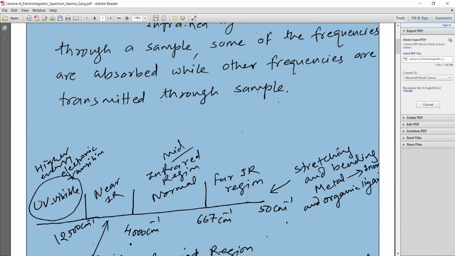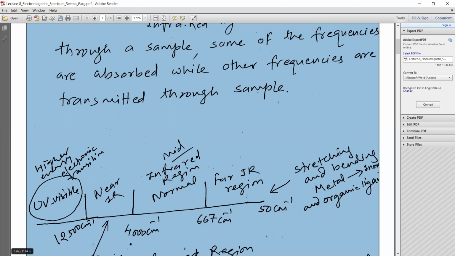Stretching and bending frequencies are observed, whereas the range 667 inverse centimeter to 4000 inverse centimeter is known as the mid-infrared region, or the normal region.